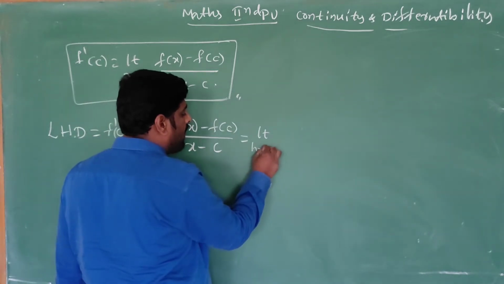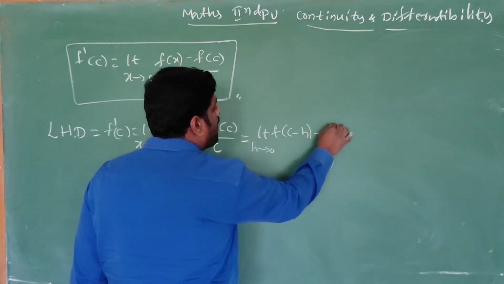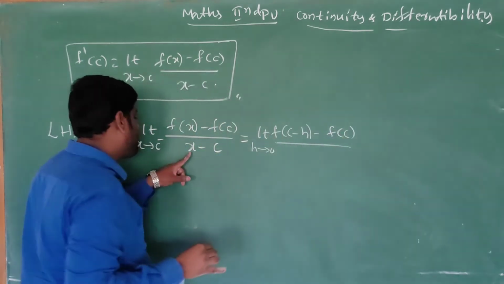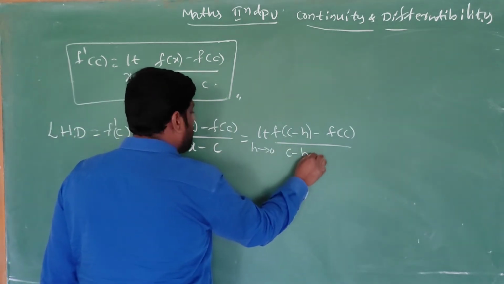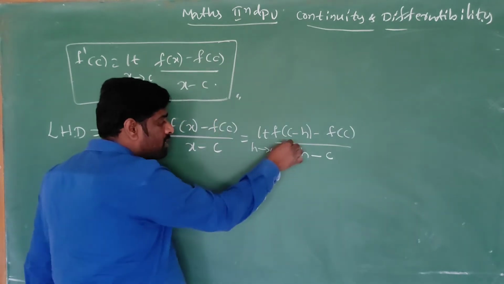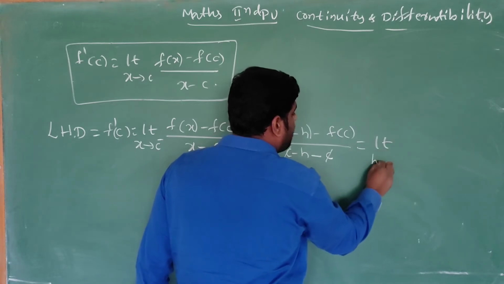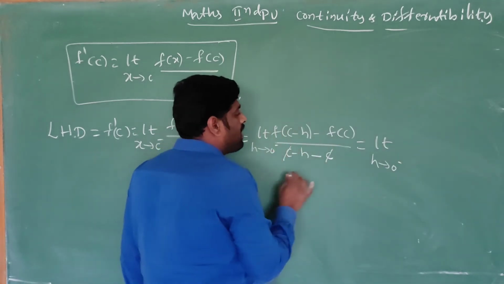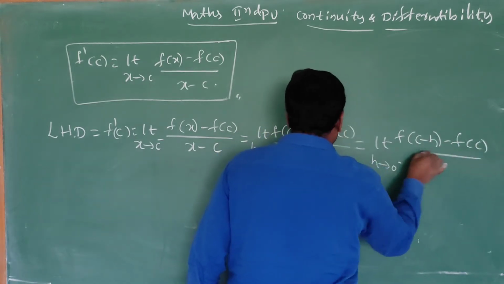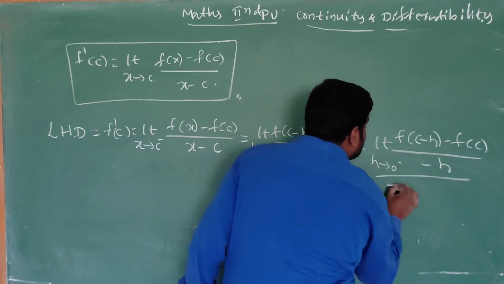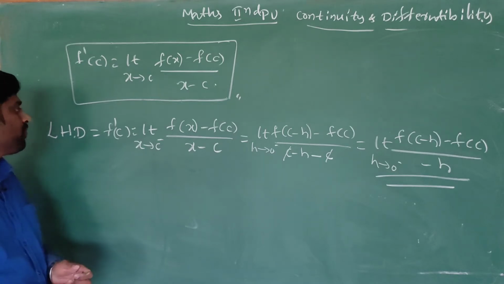So now limit h tends to 0 of f of c minus h minus f of c divided by x, where x is replaced by c minus h, minus c. C cancels. So this is equal to limit h tends to 0 of f of c minus h minus f of c divided by minus h. This is called LHD, left hand derivative.